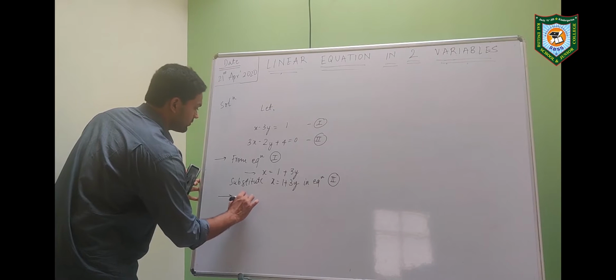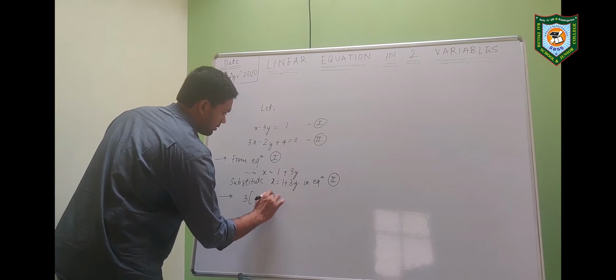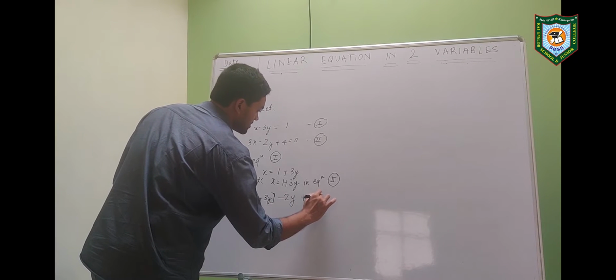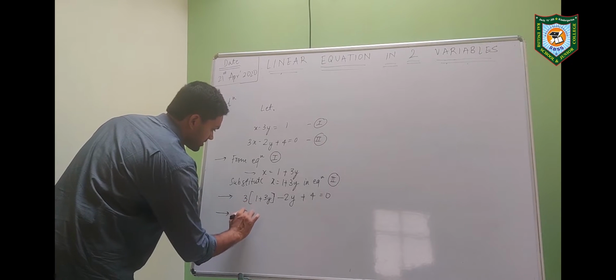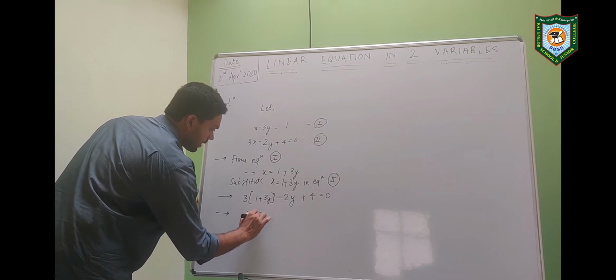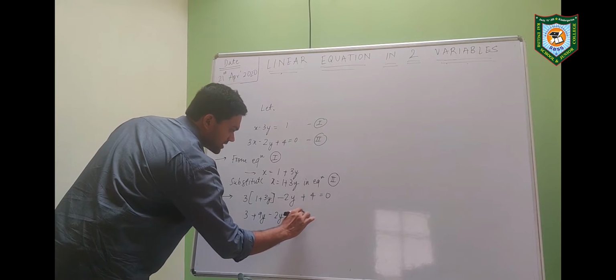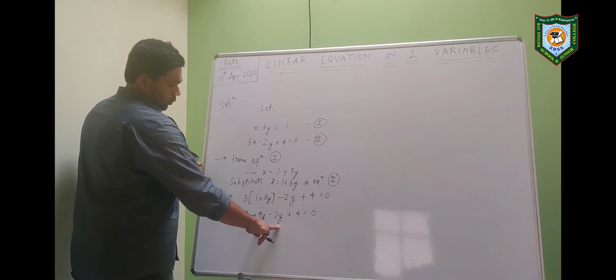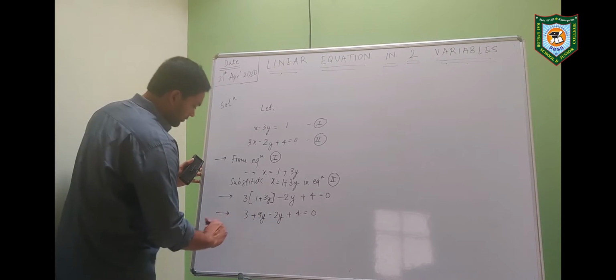This will give me 3 times (1 plus 3y) minus 2y plus 4 is equal to 0. This gives me 3 times 1 is 3, 3 times 3y is 9y, minus 2y plus 4 is equal to 0. As you can see, we have one unknown variable with 2 different coefficients.